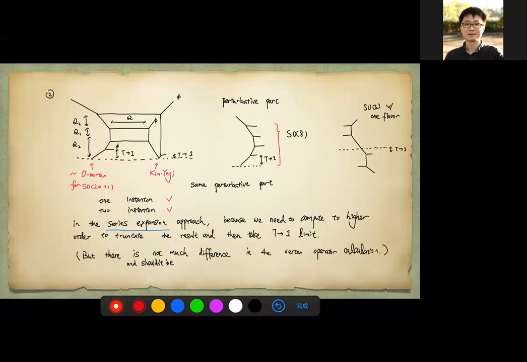For example, the perturbative part looks like a mixture of SO8 and SU3 series. We can do the same trick to calculate the 1 and 2 instantons, and it again gives the same answer.